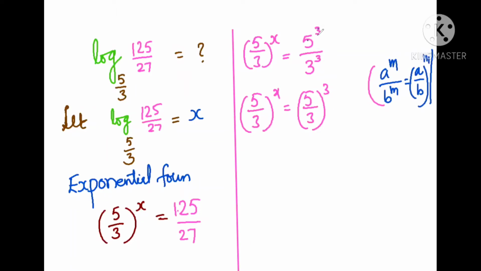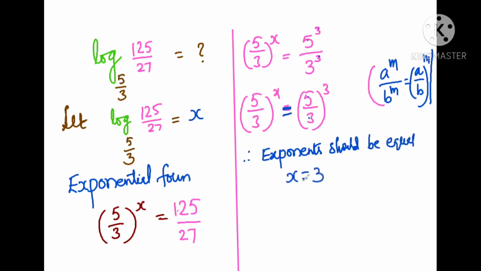Here bases are equal, therefore exponents should also be equal. Why? Because there is an equal to symbol. Therefore, x is equal to 3. Therefore, logarithm of 125 by 27 base 5 by 3 is equal to 3.